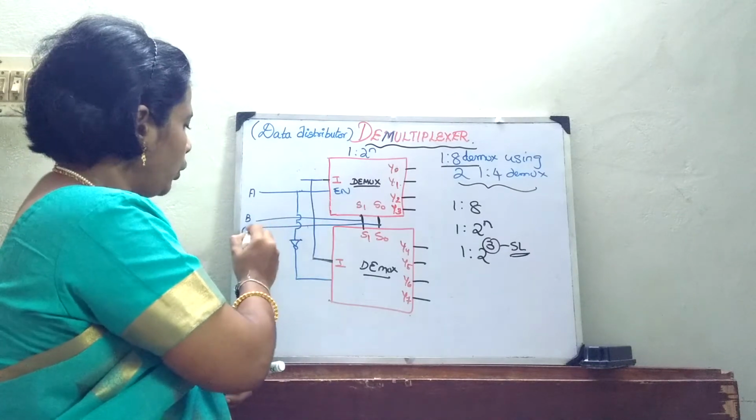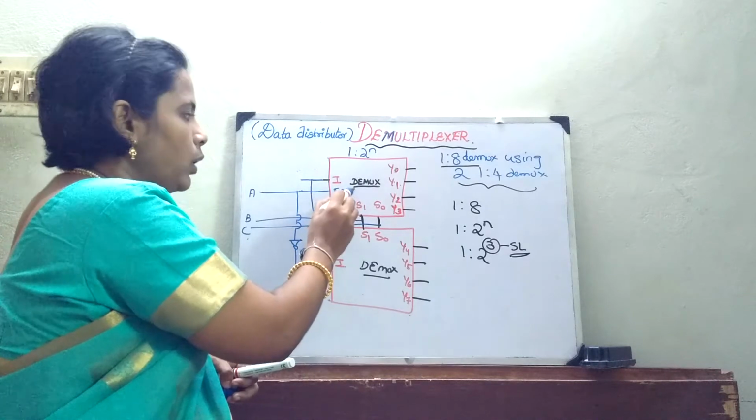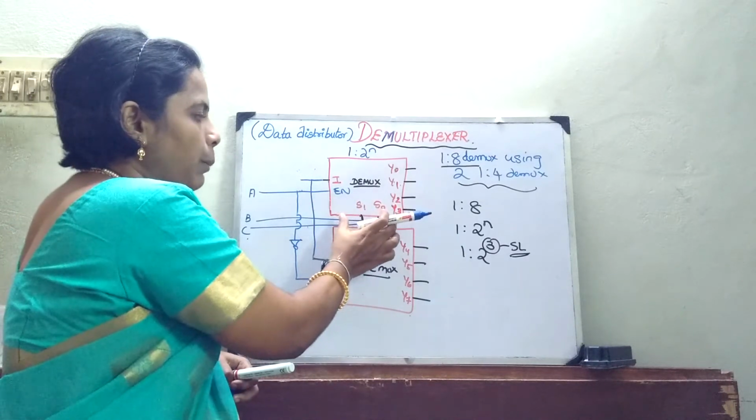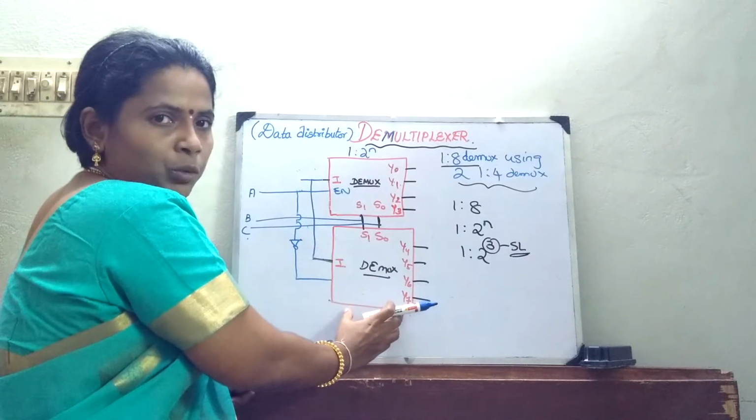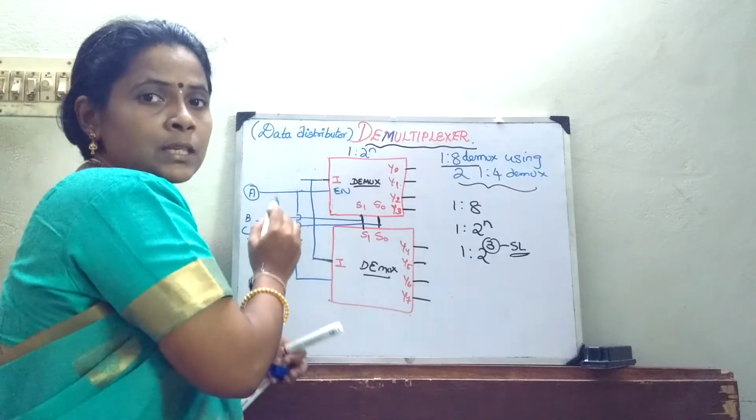Then you are going to take these select lines and give an enable. So at a time, any one of the outputs, either from the upper demux or the lower demux, will be enabled. Suppose this is my enable pin.